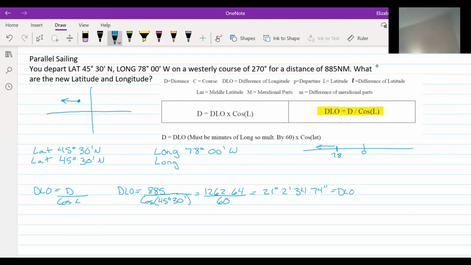So we have the distance between our two longitudes, and we start at 78 degrees, 00 minutes. Are we going to be adding D low or subtracting D low from 78? Remember, our number needs to get bigger. So we will add it.